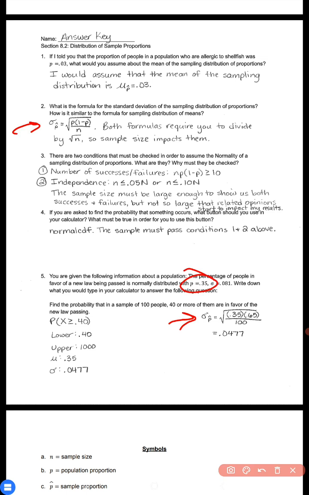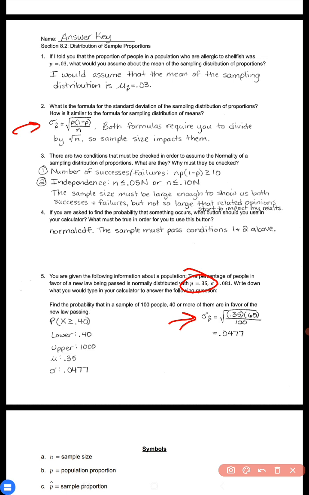But then our standard deviation for a sample is going to be different than it is for a population. And that's when I use that formula that I gave you on number 2. So to find the standard deviation, you're going to do the square root of 0.35, so that's the people in favor of the law, so that's your successes, times 0.65. Those are the people that we're considering failures.